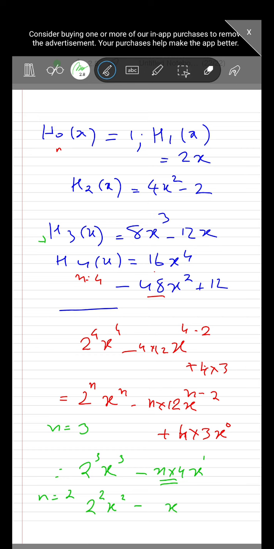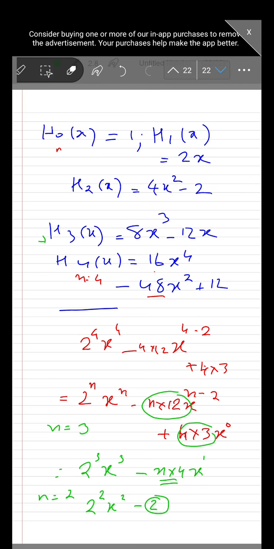So we will not have any value of x here, but what we will get is a value 2. So for n is equal to 4, it is n into 12. For n is equal to 3, it is 4 into 3, and for n is equal to 2, it is only 2.